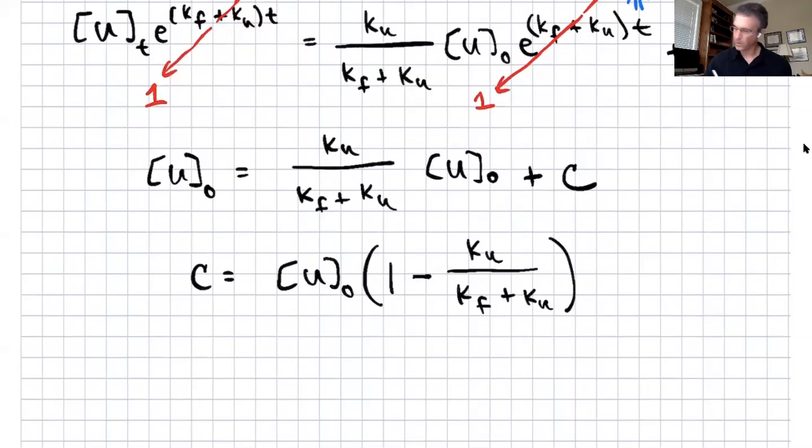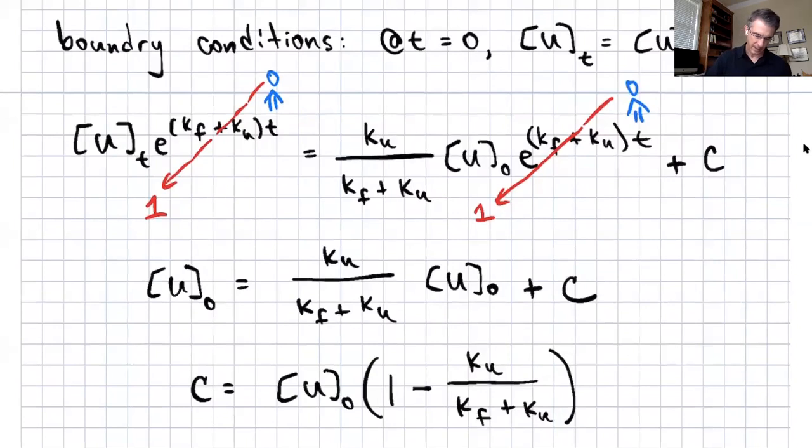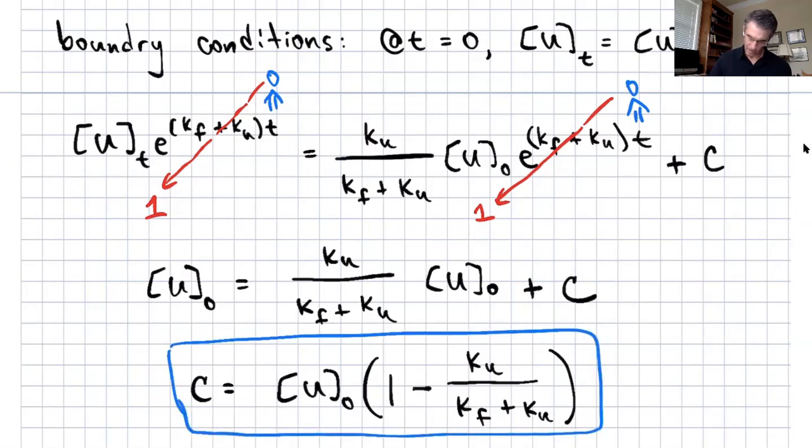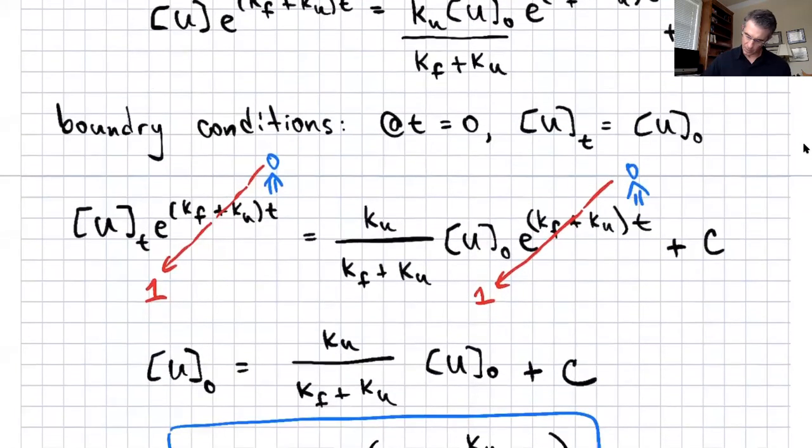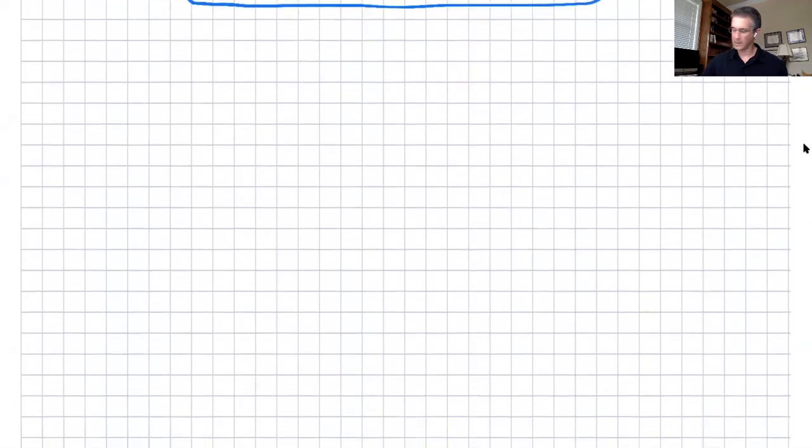Cool. So now that's what we needed. Now all we've got to do is take that expression here, substitute that in for our missing constant C, and we're off to the races.